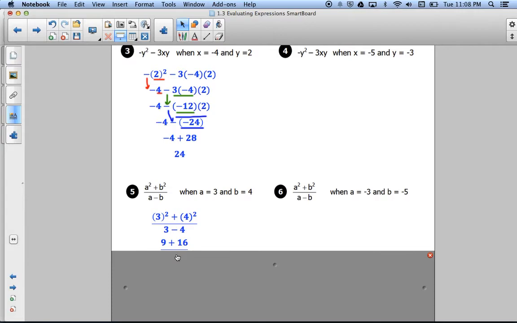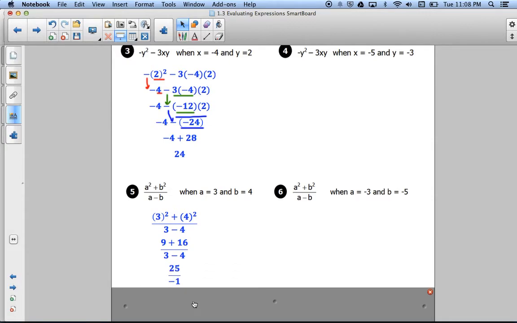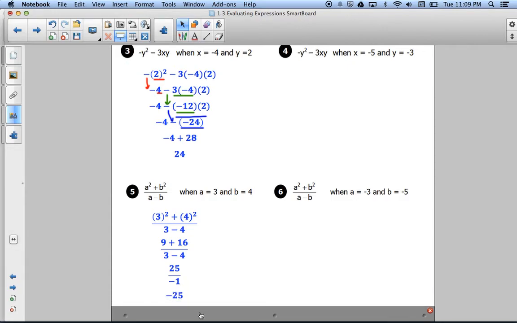So up top, when we simplify our exponents, we get a 9 plus 16. 3 squared is 9, 4 squared is 16. We'll do the addition and the subtraction now, and we'll get 25 on the top and negative 1 in the denominator. Finally, when we do that division, we'll end up with negative 25 for our answer.